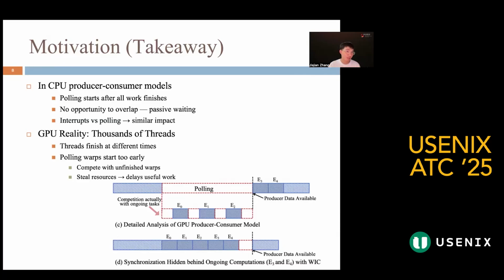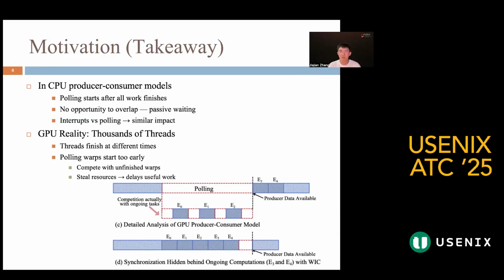And these threads don't all finish at the same time. Some threads might complete quickly, while others lag behind due to reasons like computational variability or memory stalls. And here's what we found. Polling often starts too early, before many threads have finished their own work. As you can see in this figure, threads E0 to E2 are still active, while others have already started polling.